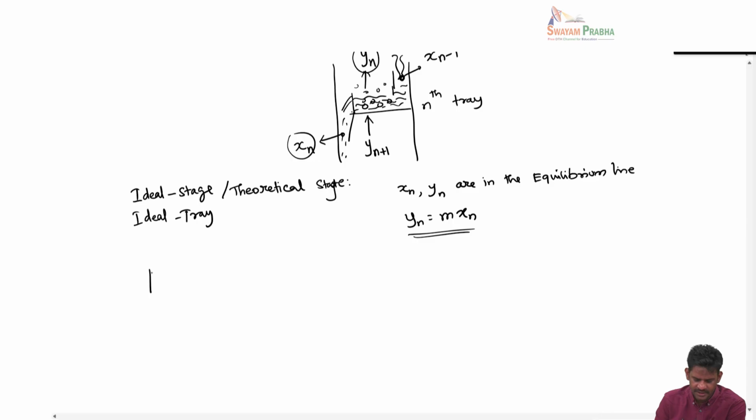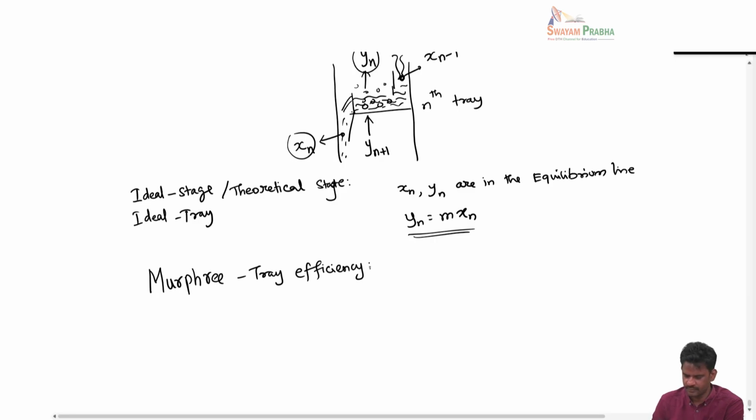There are many ways of writing tray efficiency. We are going to use what is called the Murphy tray efficiency, and we will use the symbol EMG.